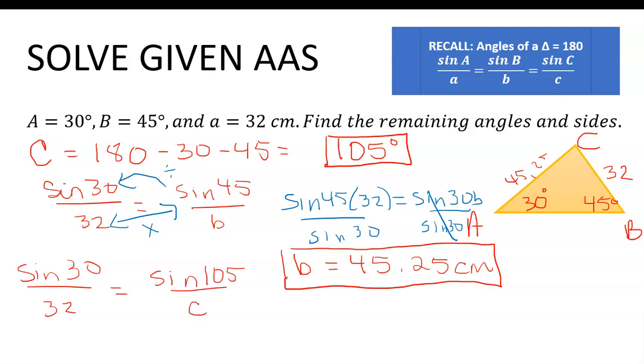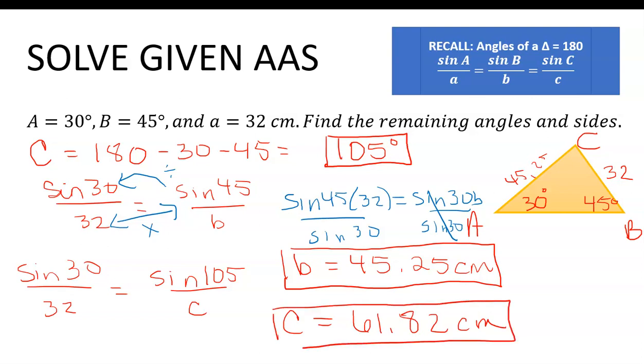Throw all that into your calculator, multiply sine 105 times 32. Hit equals and then divide by sine of 30. And you will get that c is equal to 61.82 centimeters. And we have identified all of our angles and our sides using a triangle AAS.